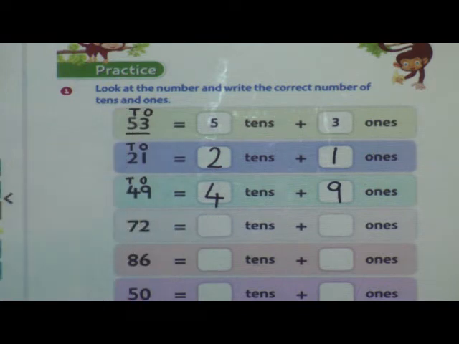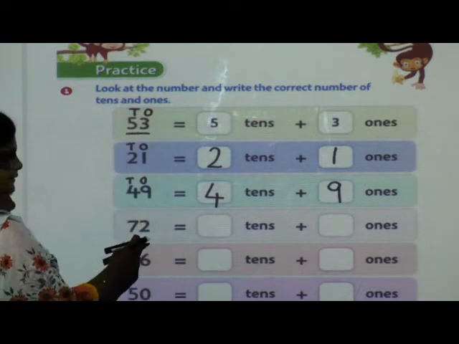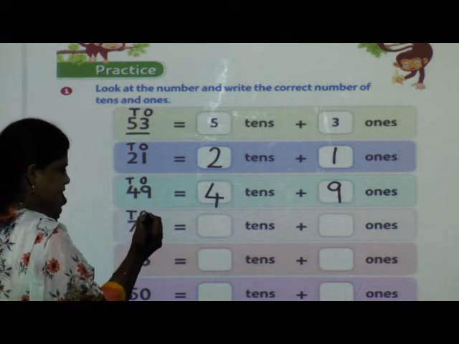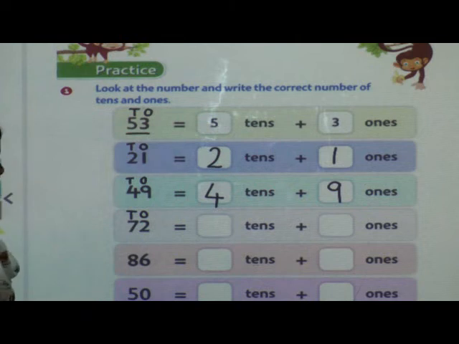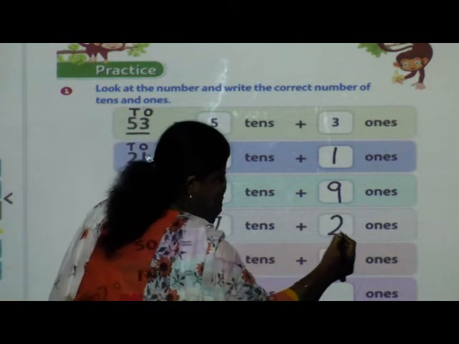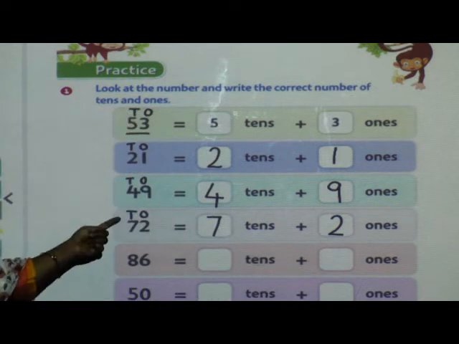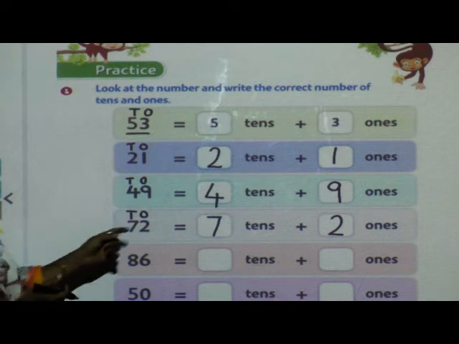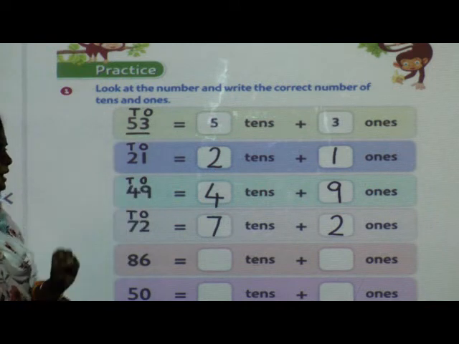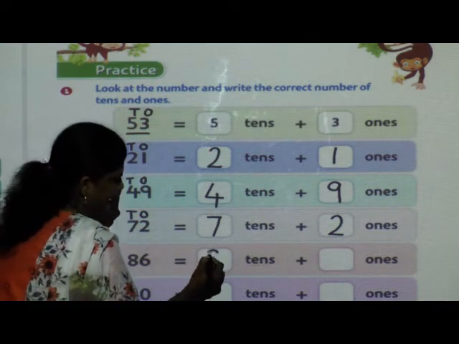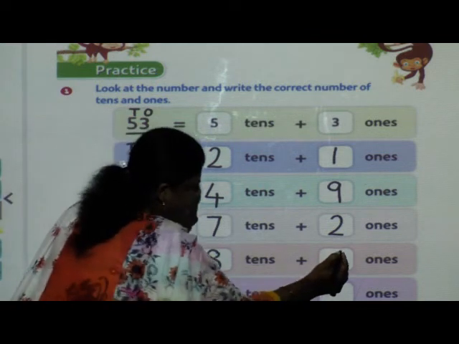Yes. 7 2, 72. 7 means tens and 2 means ones. So here 7 tens, 2 ones. Got it everybody? You have to remember this. Tens means it comes in bundles and ones means it comes single. Okay. 8 6, 86. 8 tens, 6 ones.